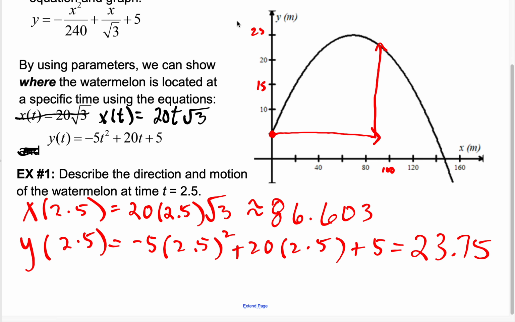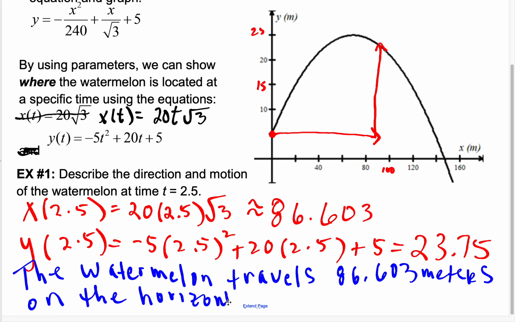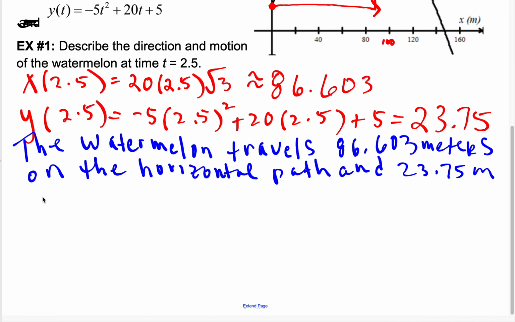So let's talk about what that means. Let's write it out. The watermelon travels 86.603 meters on the horizontal path and 23.75 meters vertically.